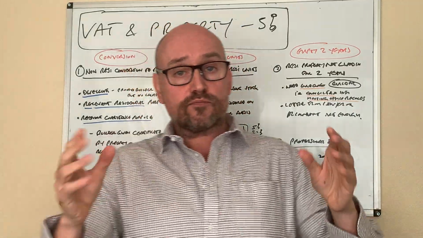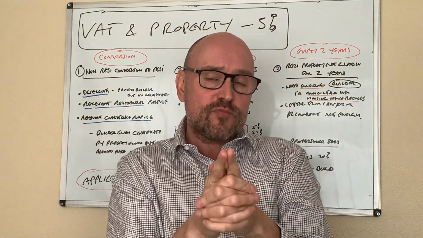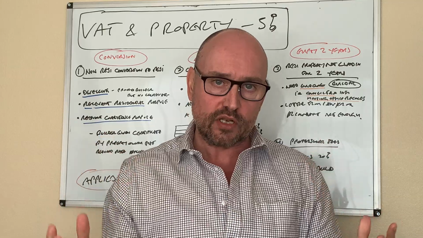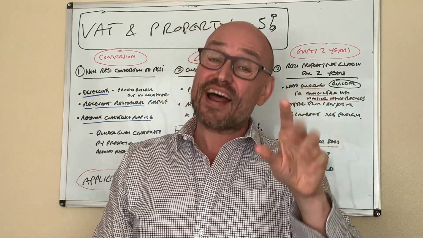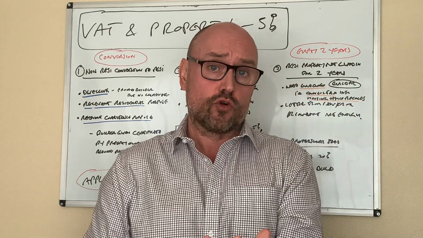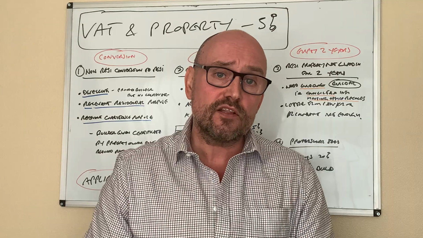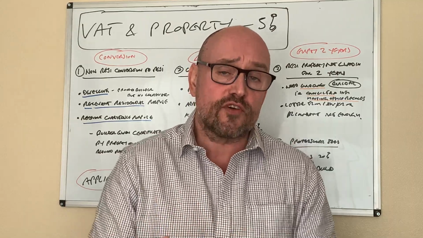So that's just, like I said, an overview there on when the 5% rate of VAT applies to the building world. But it is complicated. And the added complication, of course, is now that the CIS reverse charge rules are in play in terms of who actually, from a cash flow perspective, suffers this 5% VAT.